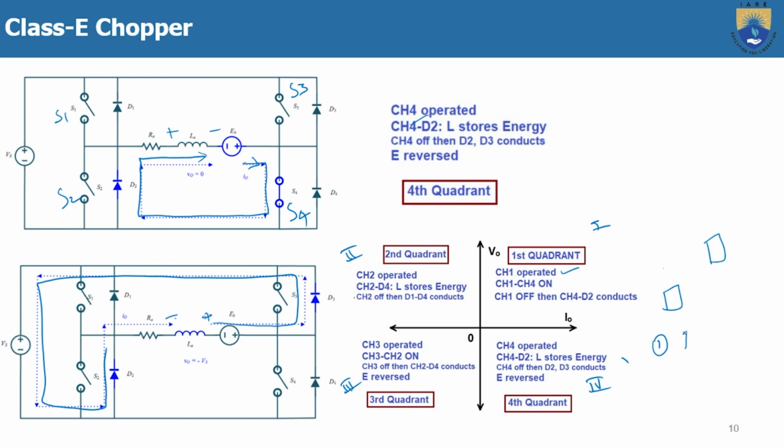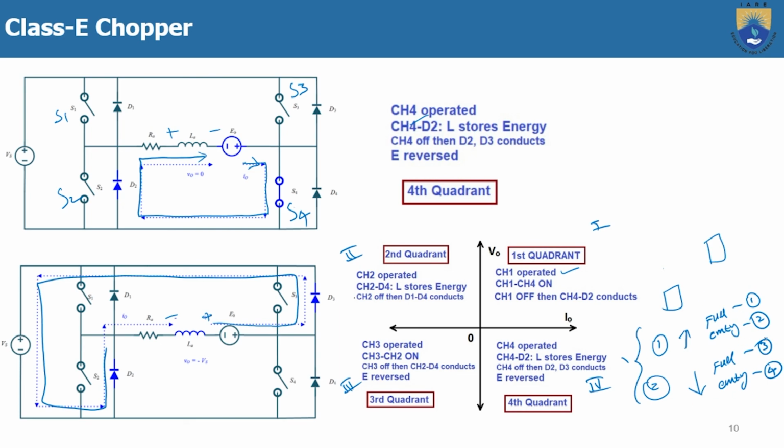One is it's going up, and one is it's coming down. But while going up, it may be a full cabin or an empty cabin. Similarly, while coming down, it may be full or empty. So four cases: 1, 2, 3, 4. In these four cases, you need to supply in four different ways. In this case, we use the 4-quadrant chopper.